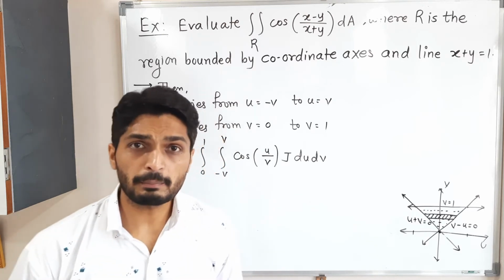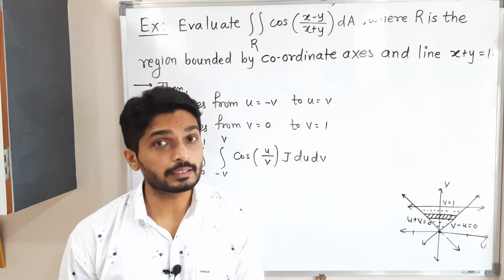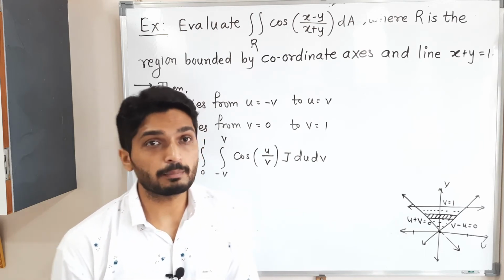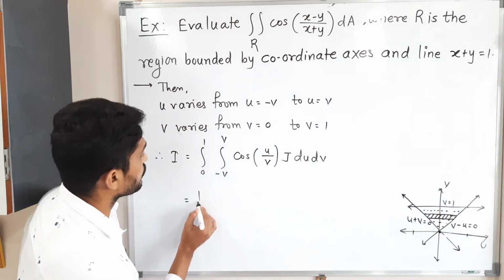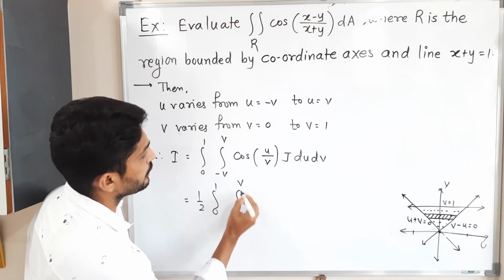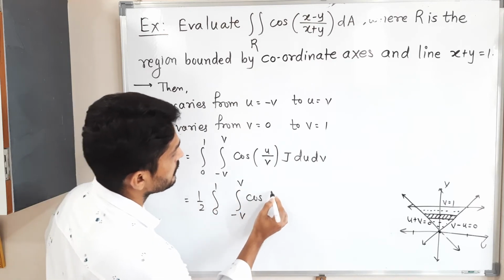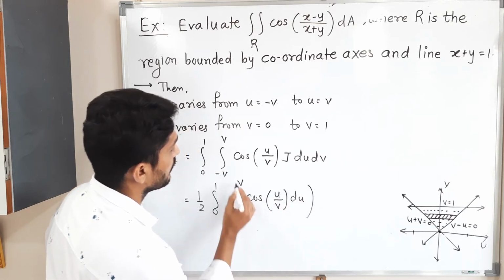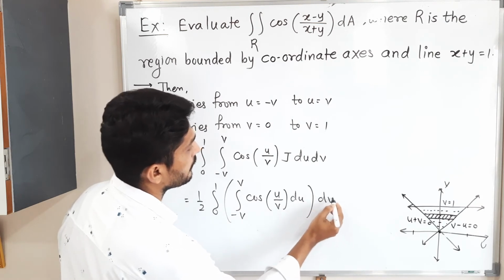Do you remember the value of the Jacobian? I think it was 1 by 2, but you know that 1 by 2 is a constant, so it will come outside. So 1 by 2 will come outside. Integration 0 to 1, integration minus v to v of cos(u by v) du, and the outer integral dv.